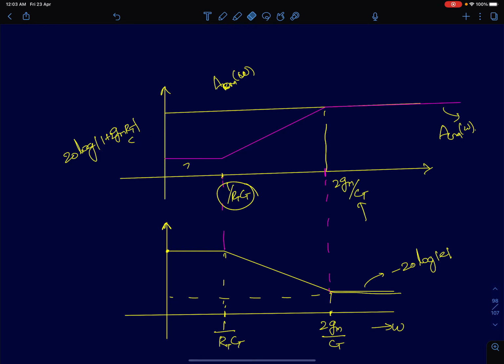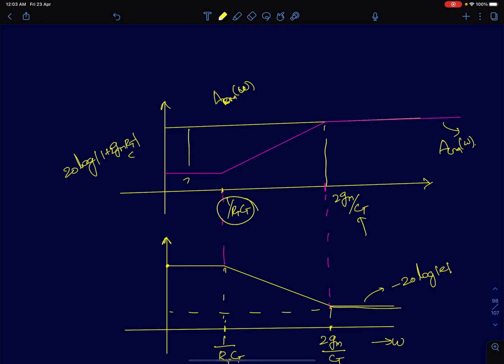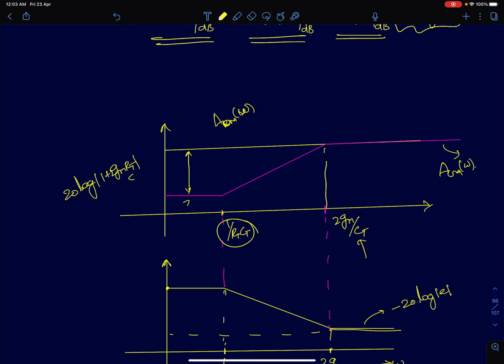So if you subtract these two graphs, remember the difference between these two here, this point, so when we are subtracting the two graphs, you have to think that you are dividing the absolute values. So GMR divided by GMR by 1 plus 2 GMRT, this is what we are doing. So this value is given by 1 plus 2 GMRT.